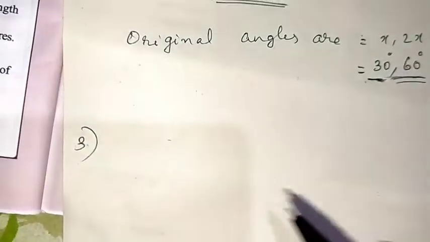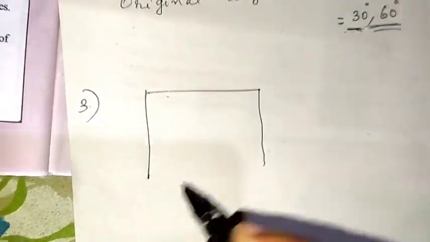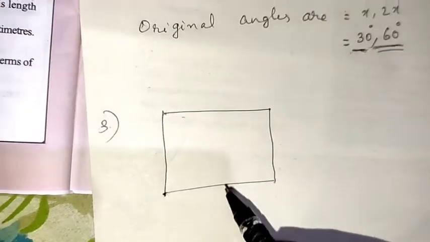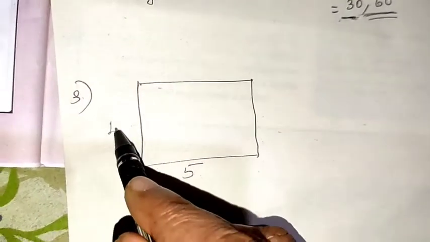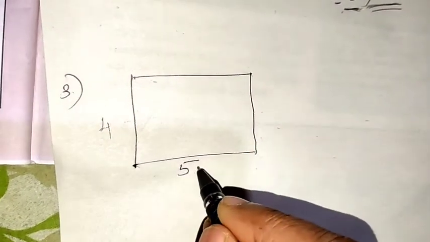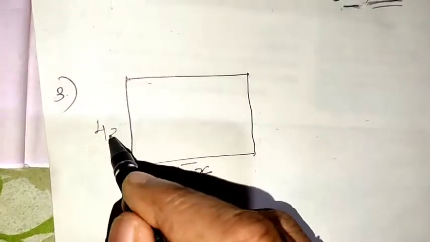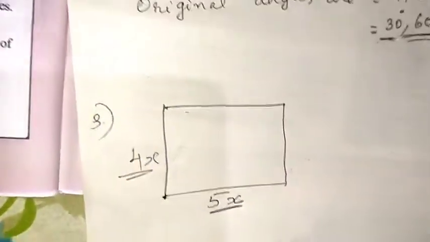See, here we have a rectangle, and for this rectangle the ratio is 4:5. That is, the sides may be 5x and 4x.